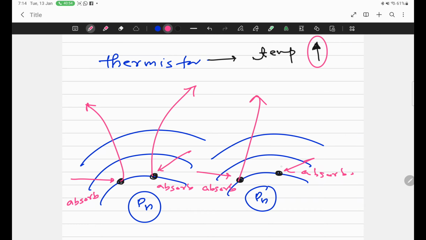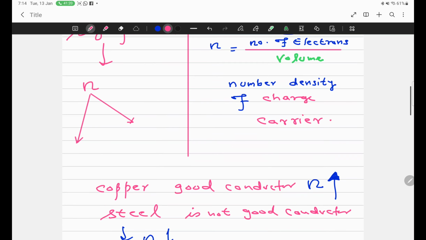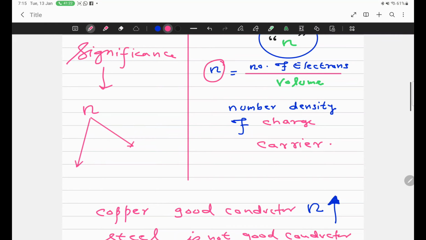If the energy is sufficient, these electrons leave their parent atoms and now move as free electrons. In this way, the number of electrons per unit volume will increase.